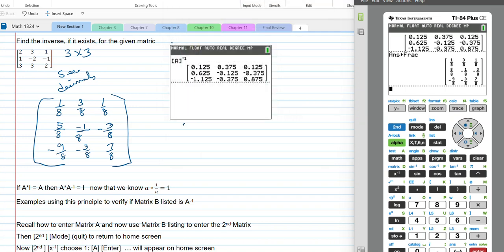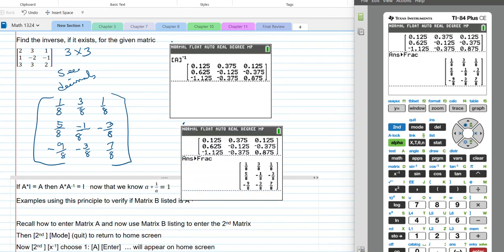Place it right there. And there you have it. So this is my inverse matrix.